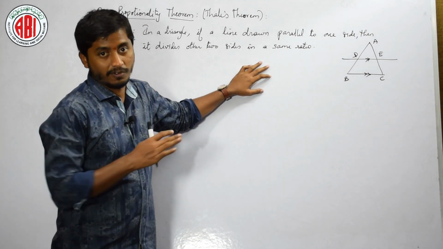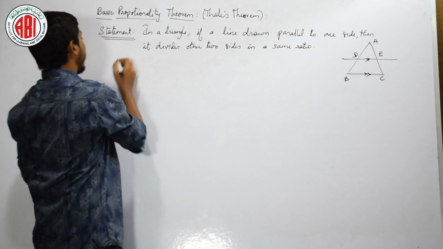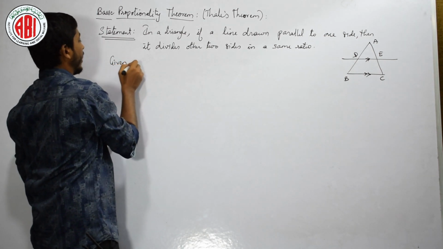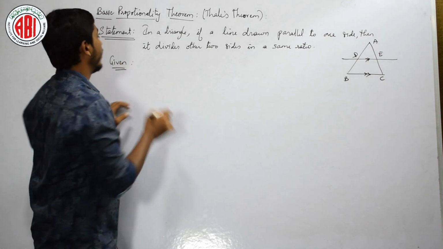Now let us write. Is it clear? Hope you understood what is to be written now, that is the given. Don't forget to write such things. What is given here?